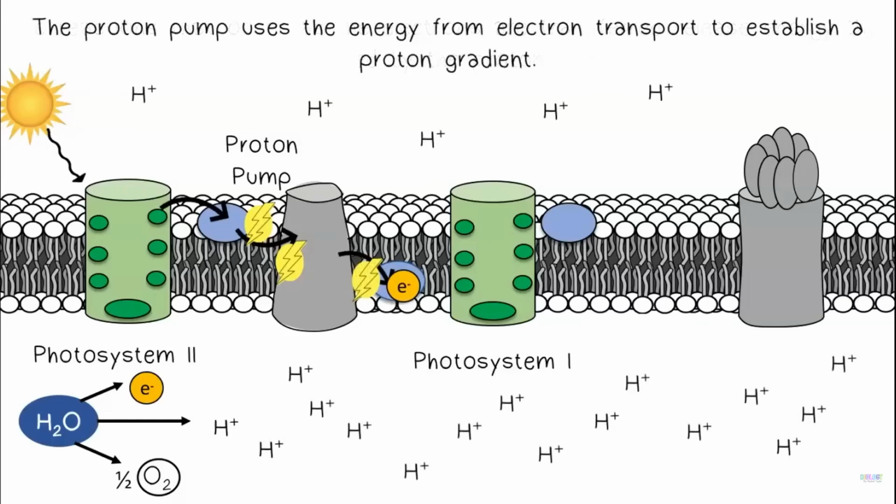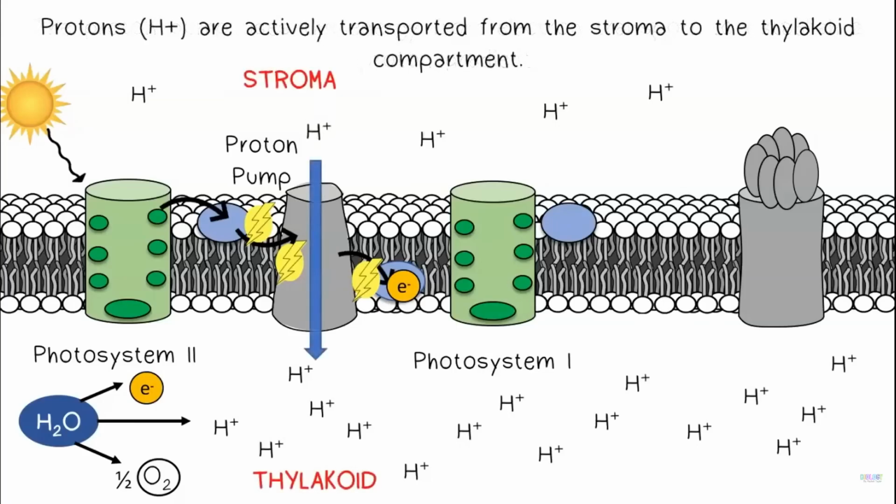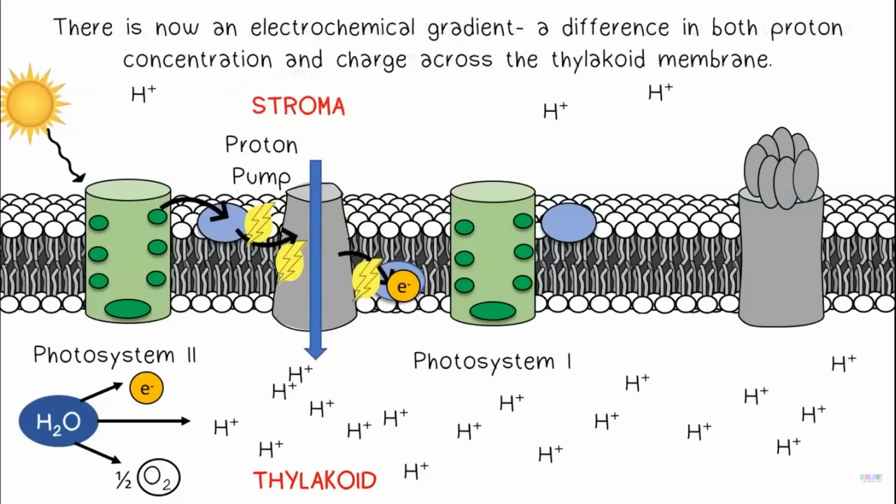The proton pump uses the energy from electron transport to establish a proton gradient. Protons are actively transported from the stroma to the thylakoid compartment. There is now an electrochemical gradient, a difference in both proton concentration and charge across the thylakoid membrane.